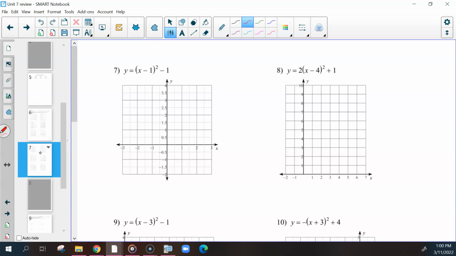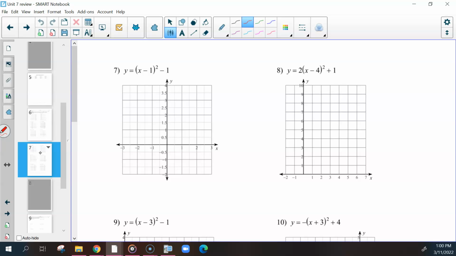Okay, so this would go back to the second lesson, second objective when we were graphing. I'm just going to show you this really fast. So we talked about how to find the axis of symmetry and how to find the vertex and then how to get your table and all of those things, when it's written in the form y equals ax squared plus bx plus c.